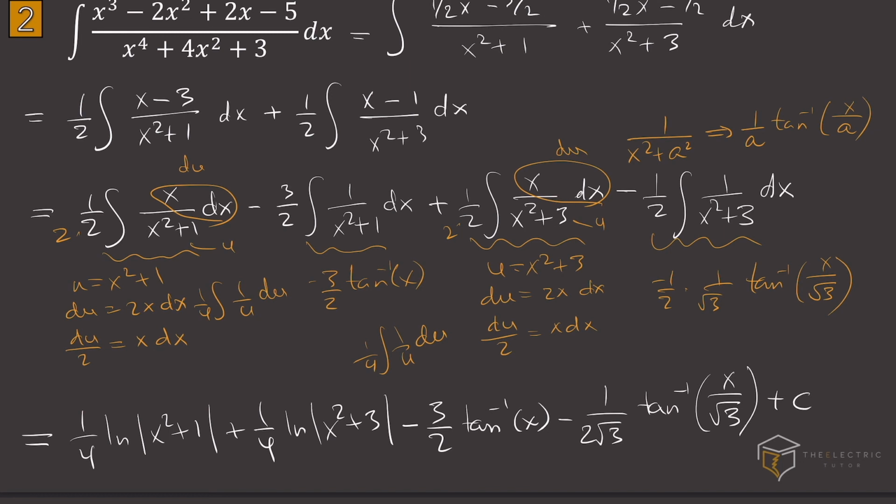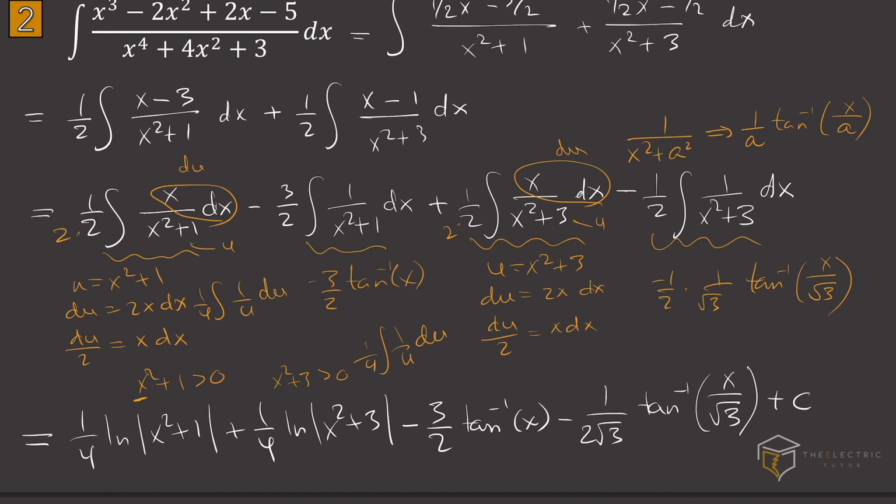So we're basically done. A couple things to consider is taking a look at x squared plus 1. That's always going to be positive no matter what x input you put. Same thing is going to be for x squared plus 3. And I know that because when you square something, it's always going to give out a positive number, so there's no way of the expression being less than 0.